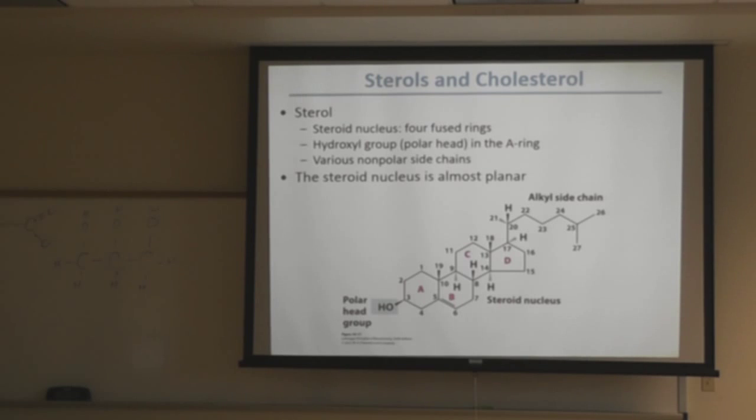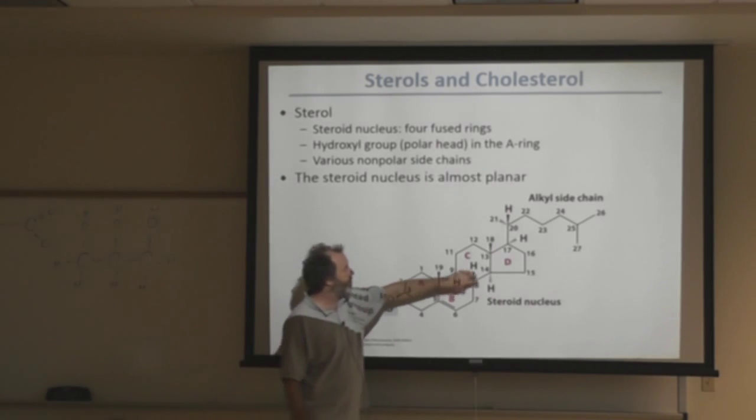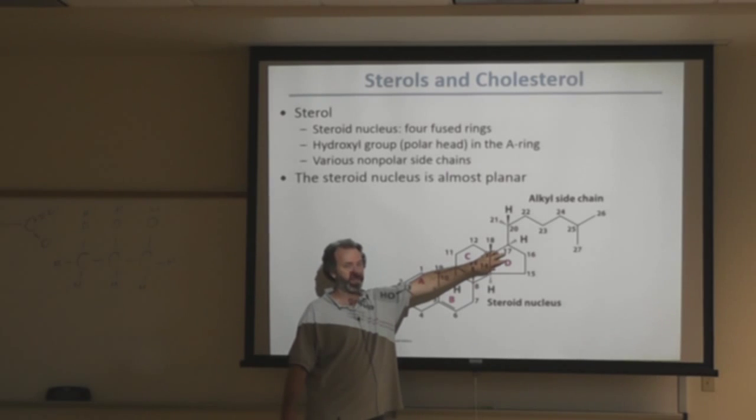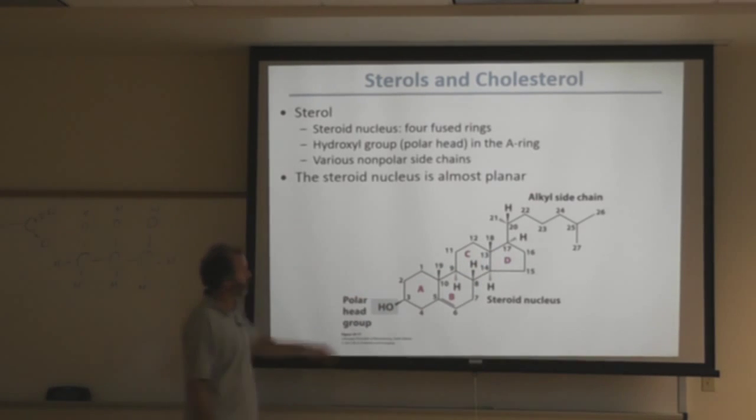So sterols and cholesterol. The steroid nucleus has four fused rings. You guys are familiar with cholesterol? And this serves as the basic structure to produce all your steroid hormones. And what else?